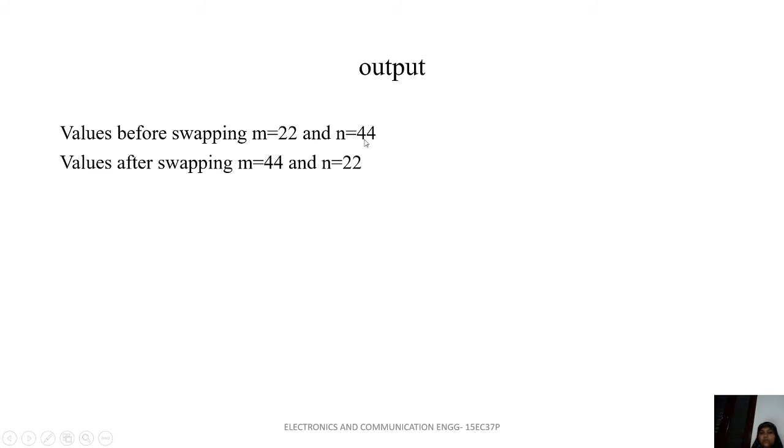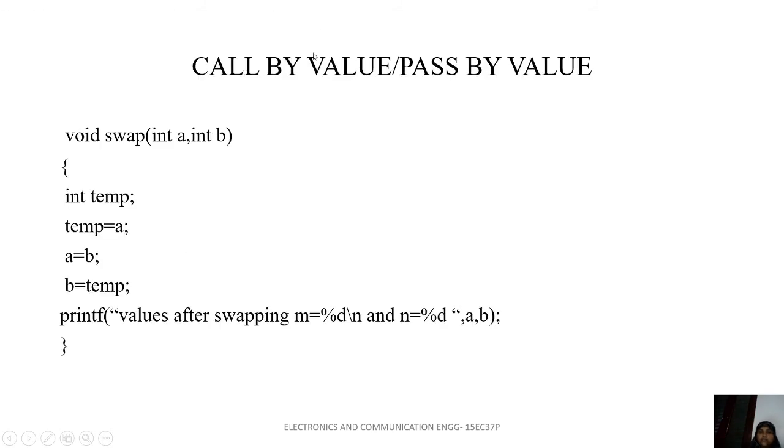The values before swapping were 22 and 44, and the values after swapping are 44 and 22. So what we are doing is passing the values of m and n into the variables a and b, then exchanging the values of a and b, and those values are printed here.